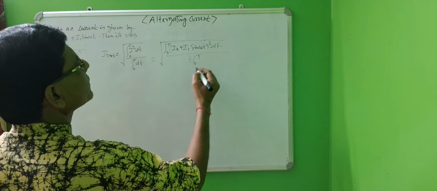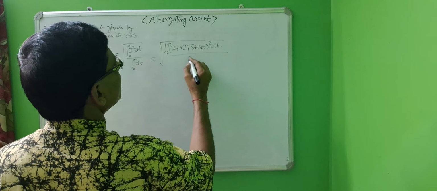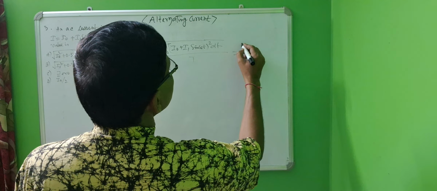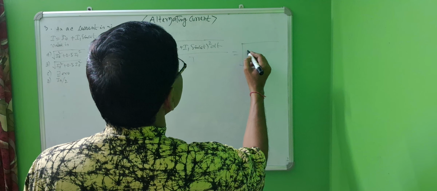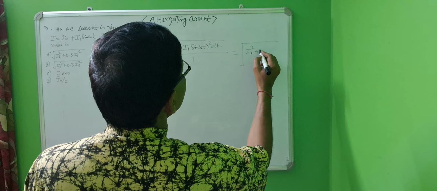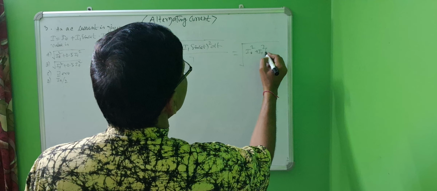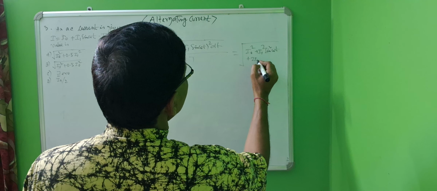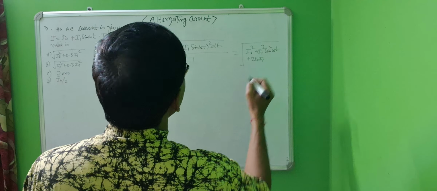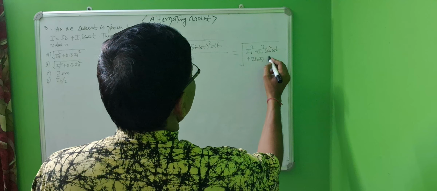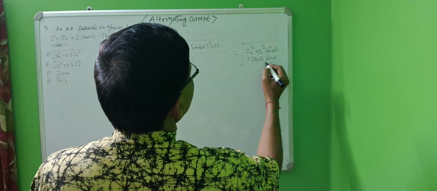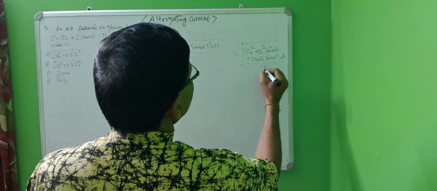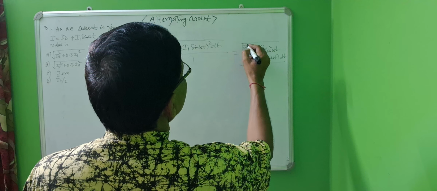So ultimately we get this as capital T. Sine square omega t plus twice I0 I1 sine omega t dt upon T. This is integration.